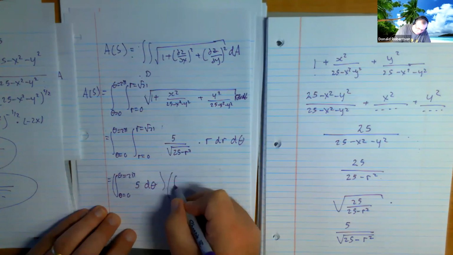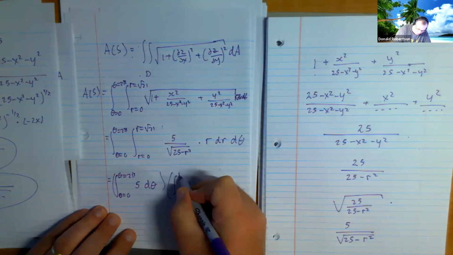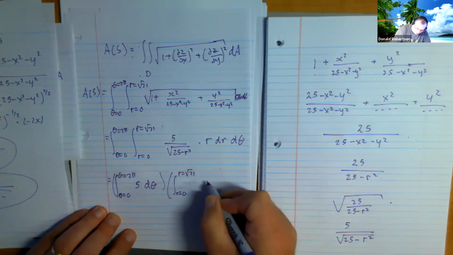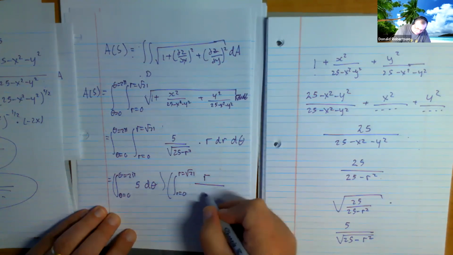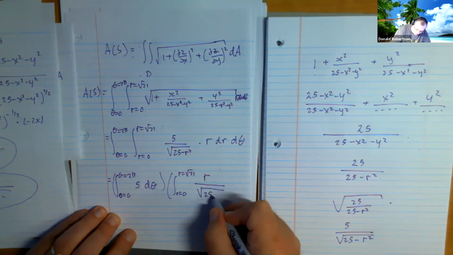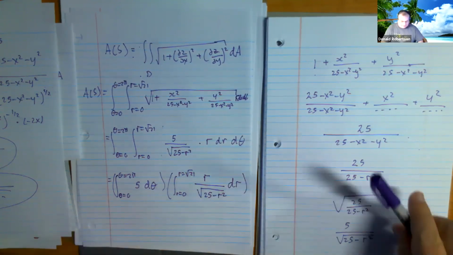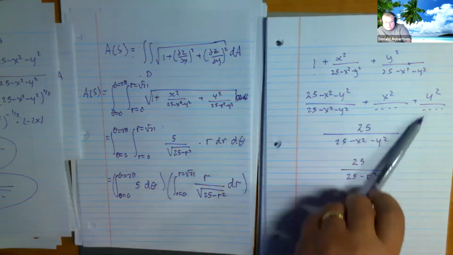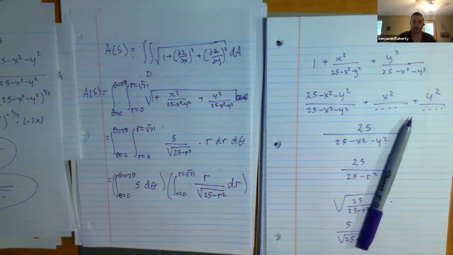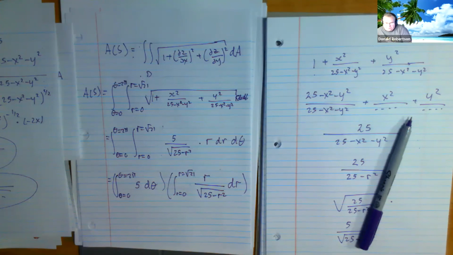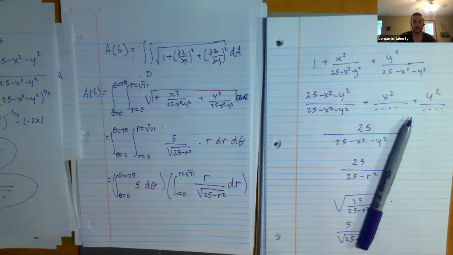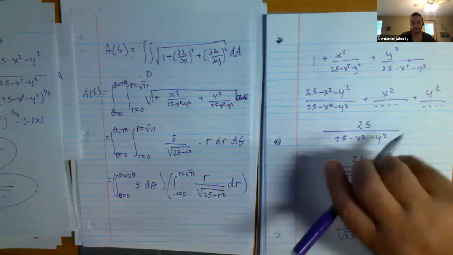And that leaves me with r equals 0 to the square root of 21 of r over the square root of 25 take away r squared dr. U sub, right? Yep. And who's the u sub? 25 minus r squared. Right.